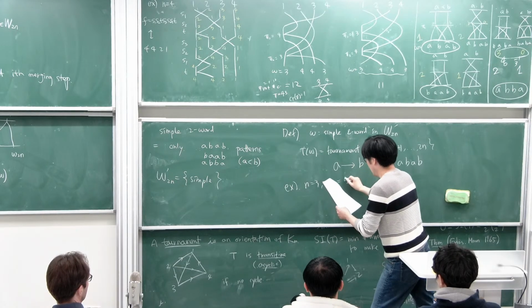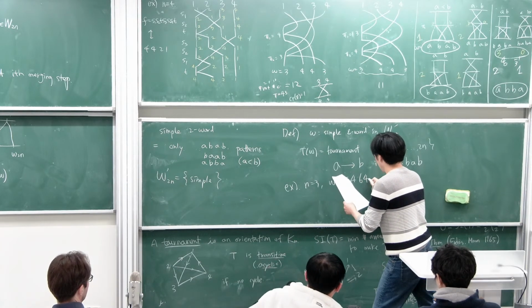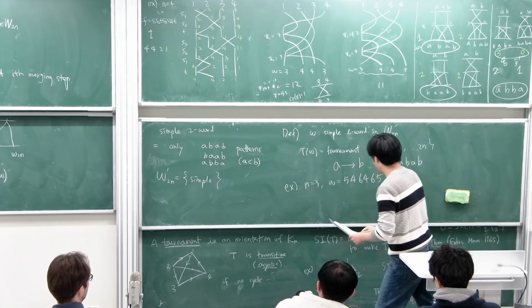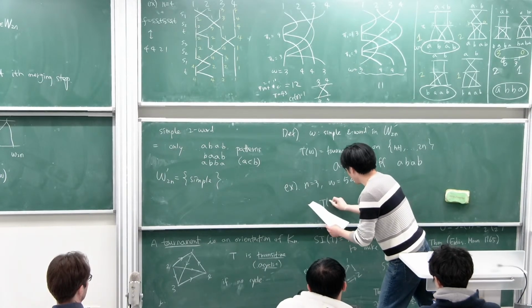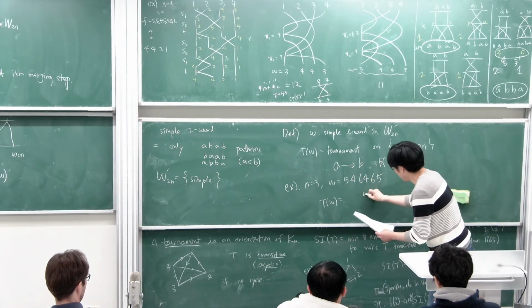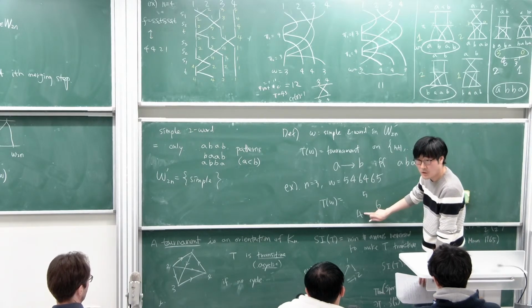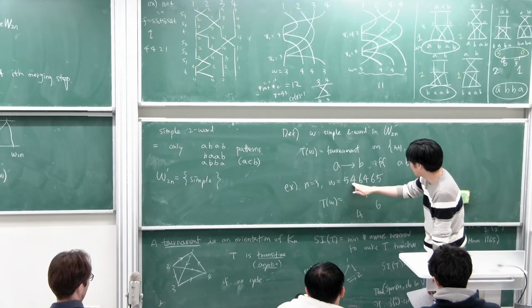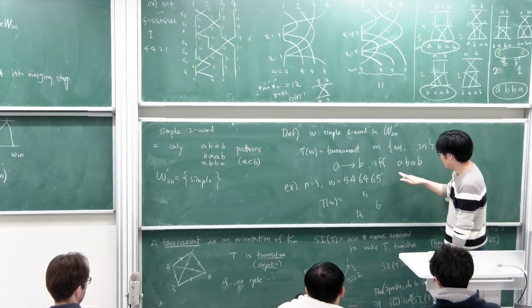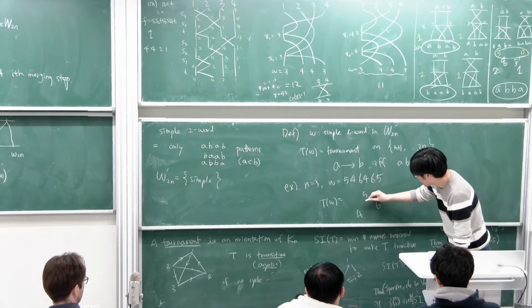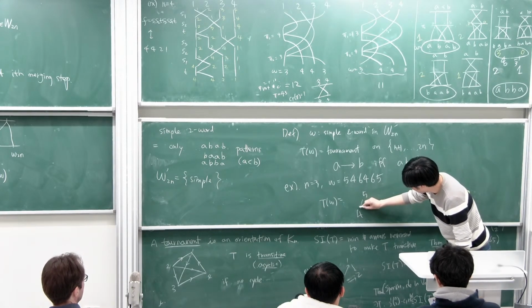W is 5 4 6 4 6 4 5. Then what is the tournament? So for 5 and 4, 4 is smaller. Look at 5 4 and 5 4 4 5. It's not like 5 4 5 4. That means the direction goes like that.